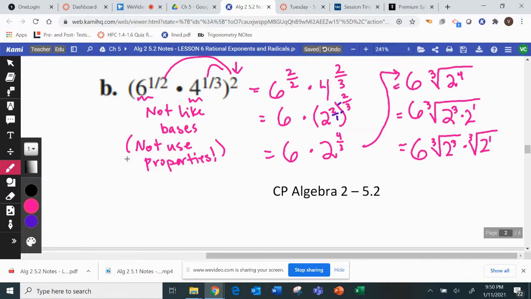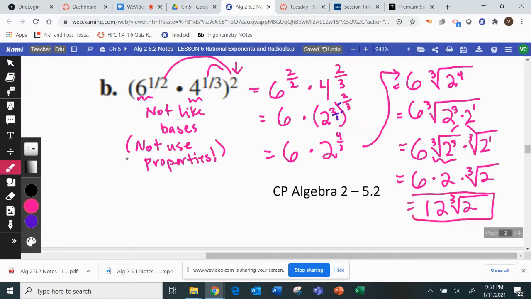So now I've broken down that cube root into 2 smaller cube roots by multiplication using one of our properties. I have 6, and then this answer right here is 2 multiplied by the cube root of 2. So I get 12 cube root of 2. Lots of steps there. So this would be a good question to ask about if you need it.